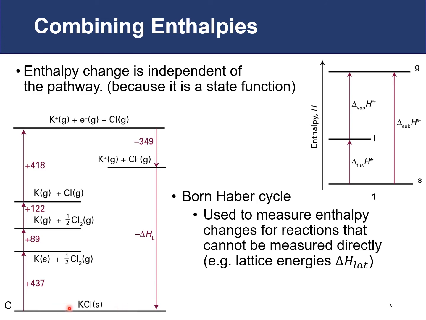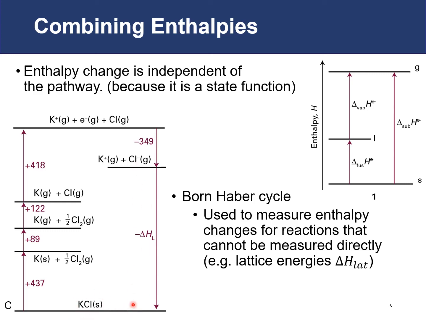So we know the enthalpy that it takes to get to this location, and from that we can figure out what we are missing, the amount that we are missing here in terms of the energy of our potassium ions in the gas phase and our chlorine ions in the gas phase, versus the energy that we have of potassium chloride as a solid.